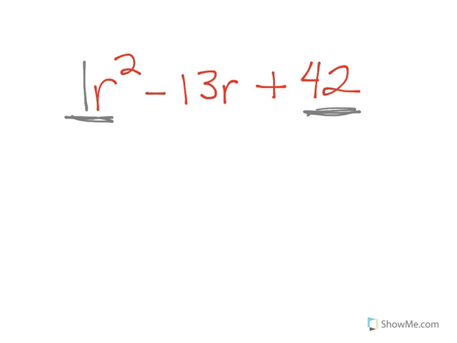The first step at that point is to multiply a times c, and in this case 1 times 42 is 42.